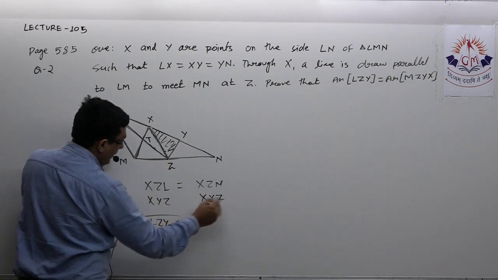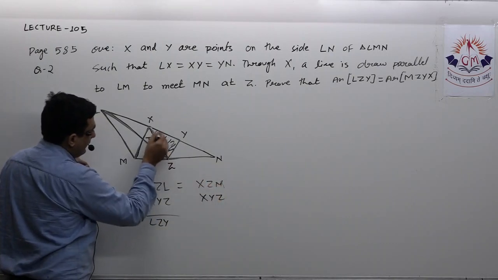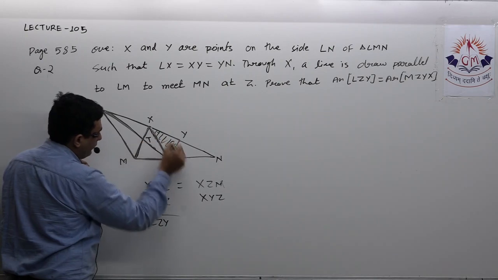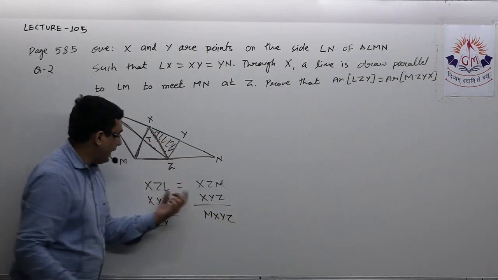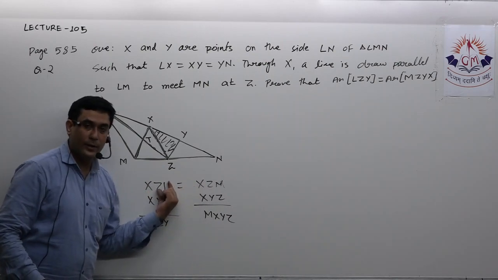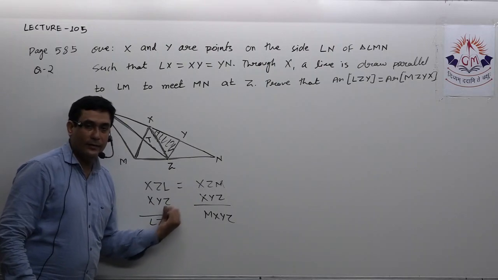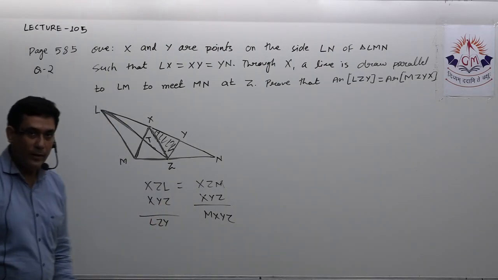That means first these two triangles are on the same base between the same parallels, so they are equal in area.